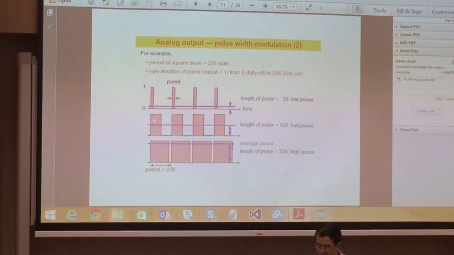If you look at this waveform, what is the average voltage you are going to get? The voltage is from 0 to VDD. If you have a pulse like this one, what is the average value you are going to get? Anyone?